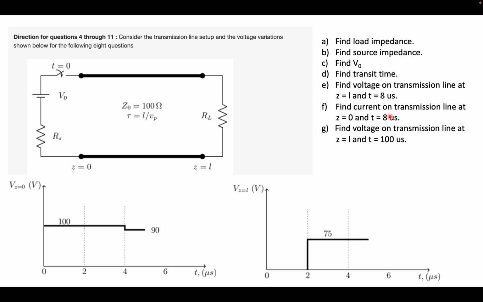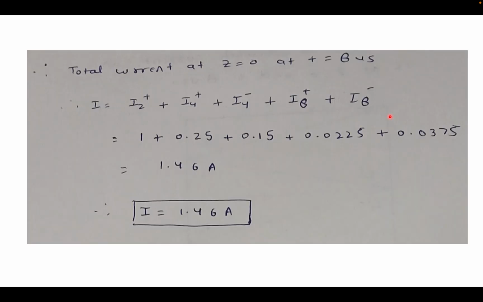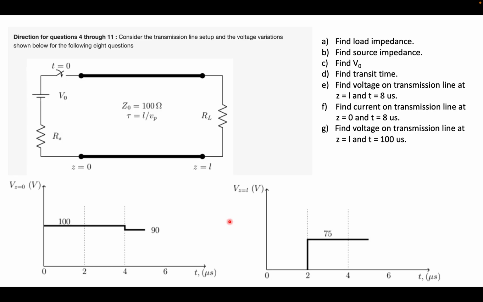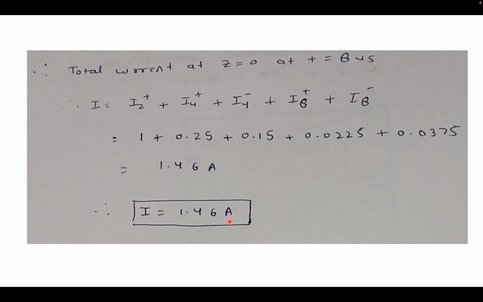Yes, sir. Z equal to 0, T 8 microsecond, current on the line, 1.46 ampere. I got 1.46. But Z equal to 0, T equal to 100 microsecond, that part I have not included. I forgot to add the last part, but it must be correct.